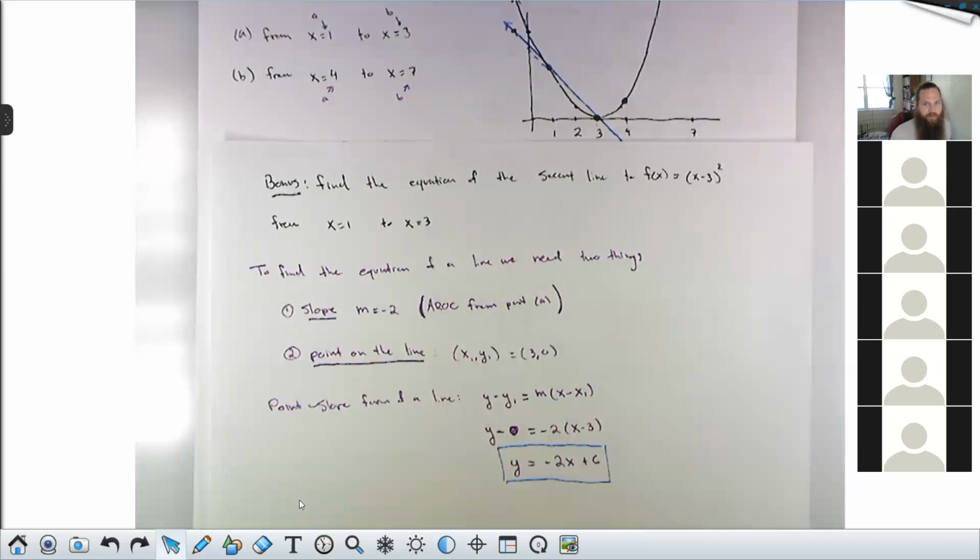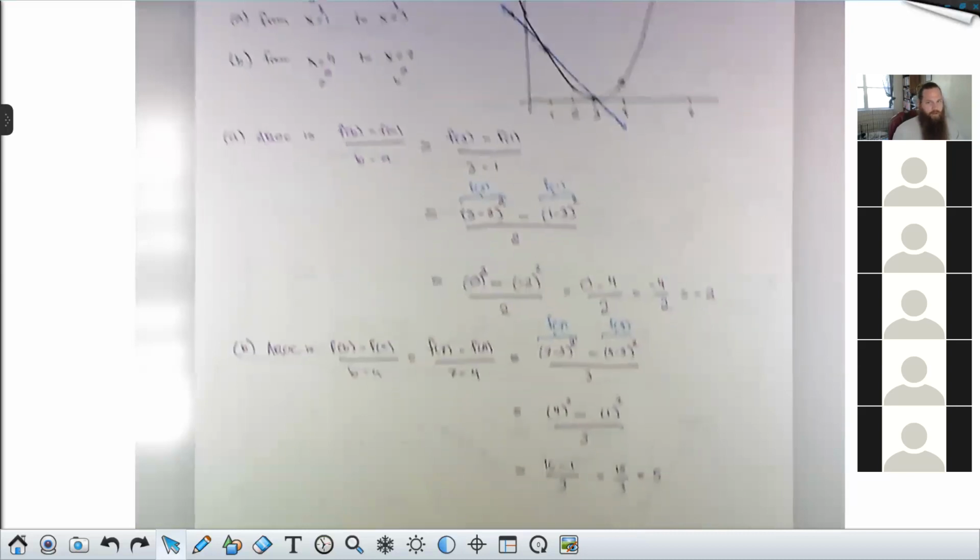I'll say again, hint, hint, nudge, nudge, this would make a good exam question. Any questions on calculating the average rates of change?